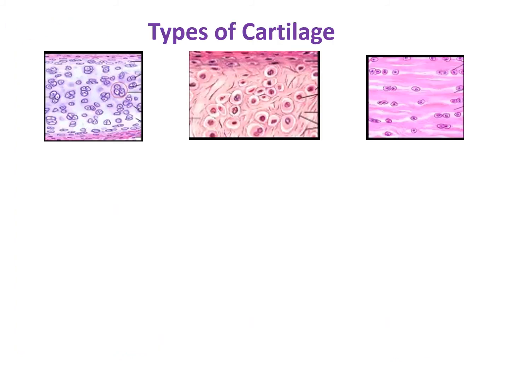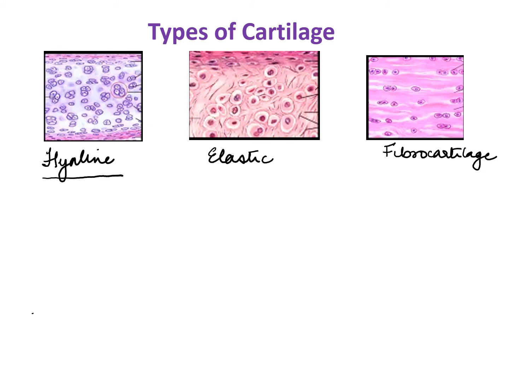On the basis of the predominant fibers which are present in the cartilage matrix, the cartilage is divided into 3 types: hyaline cartilage, elastic cartilage, and fibrocartilage. In hyaline cartilage, the predominant fiber type is type 2 collagen fibrils.